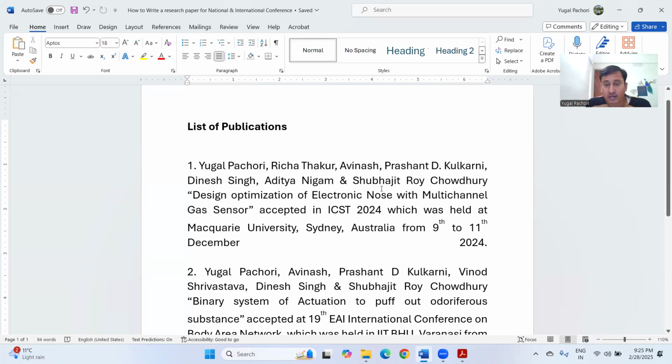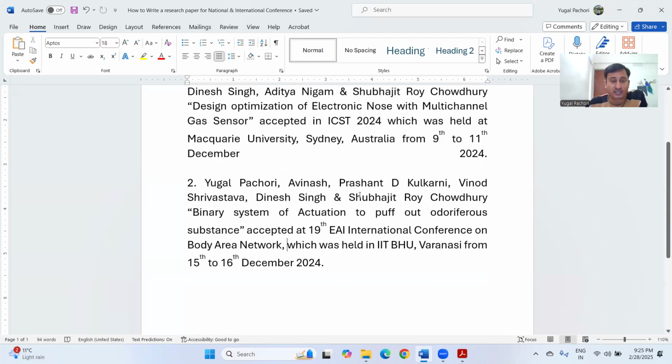Design optimization of electronic nose with multi-channel gas sensor was accepted in ICST 2024, which was held at Macquarie University, Sydney, Australia from 9 to 11 December 2024. This is my first paper. The second paper's co-authors were myself, Yugal Pachori, Avinash, Prashant, Vinod, Dinesh sir, and Subhajit sir.